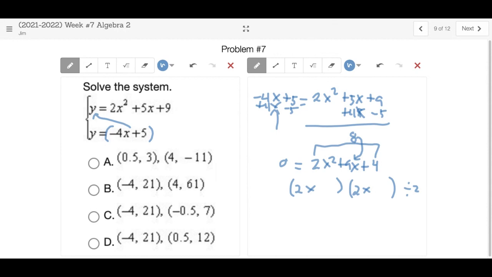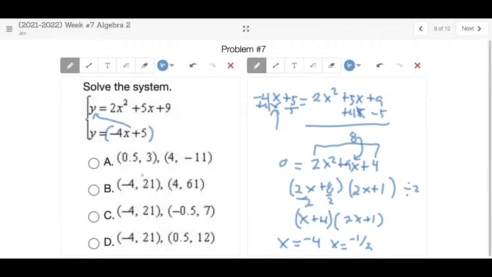Okay, 8 and 1. Exactly right. So when I factor this, I'm going to factor it down to 8 and 1. I have to divide a 2 out of one of the parentheses. 2 doesn't divide into 1 evenly, so I'm going to divide 2 out of here. So that gives me x plus 4 times 2x plus 1. Factored correctly, so negative 4 is a solution, and negative 1/2 is a solution. So x equals negative 4 or x equals negative 1/2.